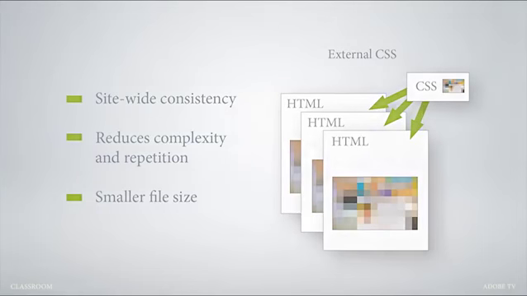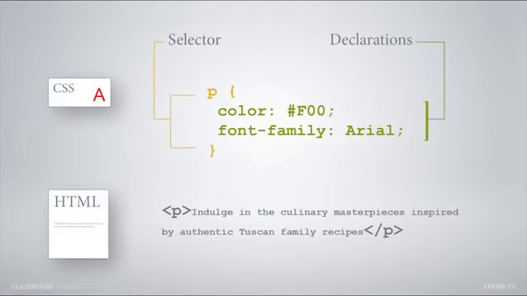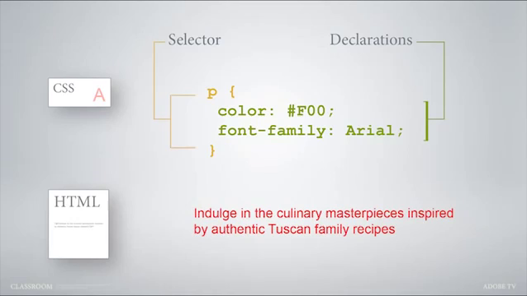But to break it down a little further, if we take a look at a CSS rule, for instance, a CSS rule basically consists of a selector and a declaration. So in this case, you might have a paragraph tag, and you could have CSS that redefines that paragraph tag or declares different properties for this paragraph tag, making the text red, maybe giving it a different font as well.